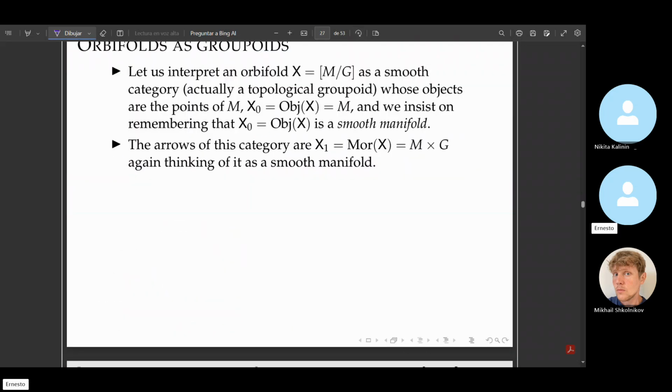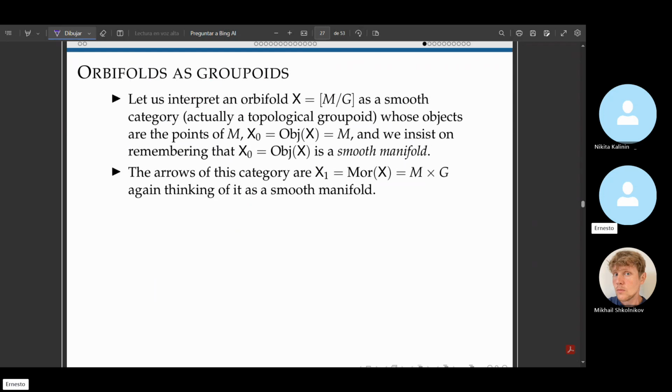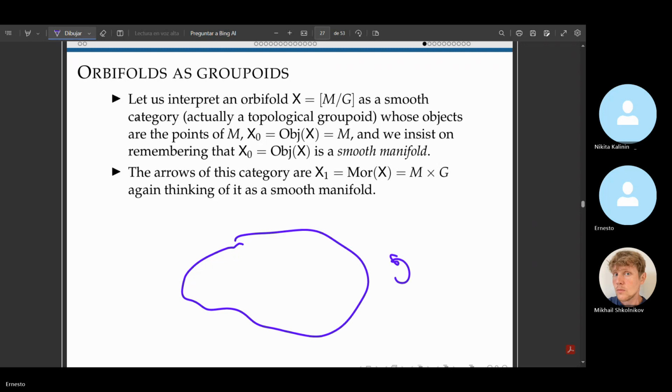So we were going to interpret this as a category. So typically, if this is M and G is acting, and there is a point X here in M, and there is this arrow. The arrow, I will call it M, G, and then this will be MG.